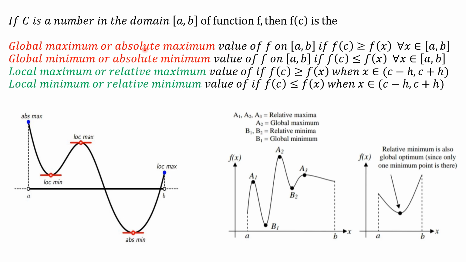Global maximum value of the function on the closed interval AB, if f of c is greater than or equal to f of x for all x belongs to the closed interval AB. Here we are considering the whole interval, but in local maxima or relative maxima, we are considering it in a restricted interval. See, this is the difference between these two.